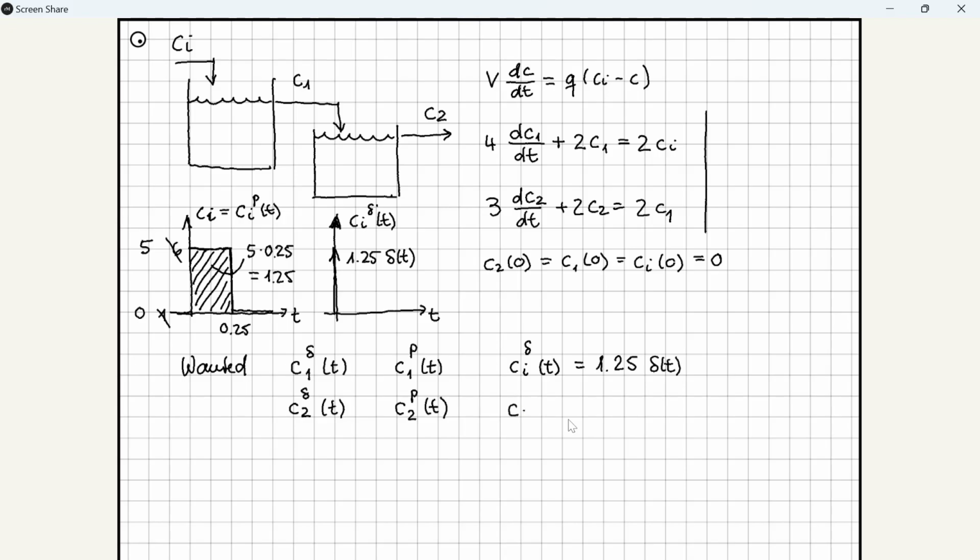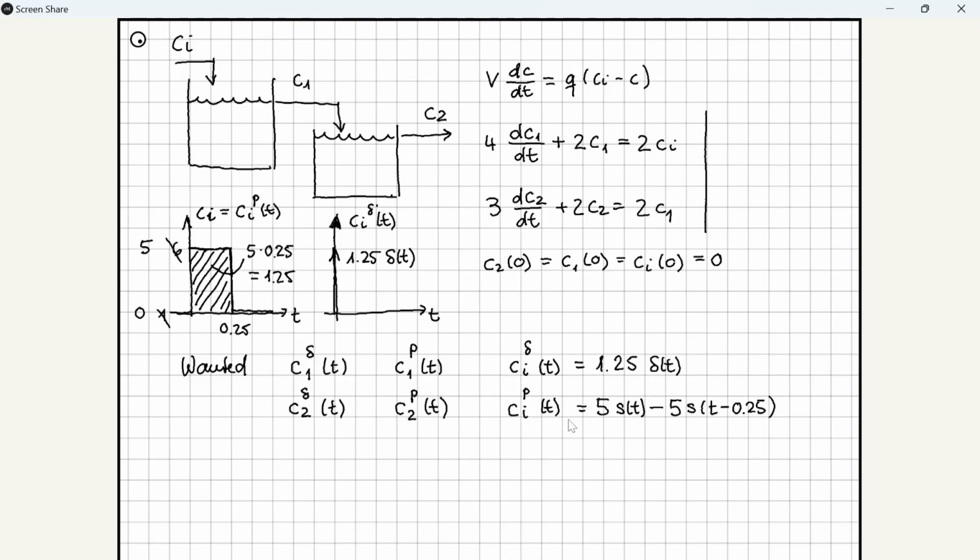Whereas the input of the pulse can be described as a step upwards minus a step downwards. So it's a step upwards, so it's 5 times a step function. But then I have to step down, so I have to go minus 5 times a step. But now I need a shifted step, shifted by 0.25 to the right.